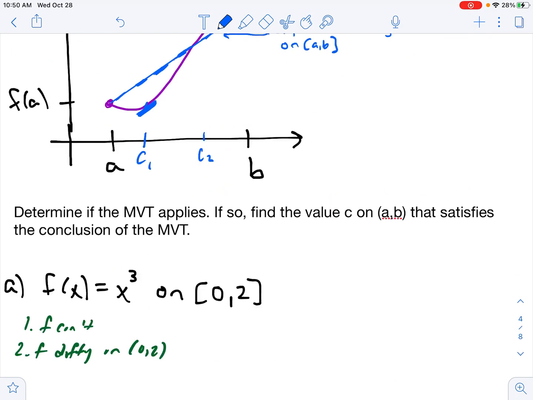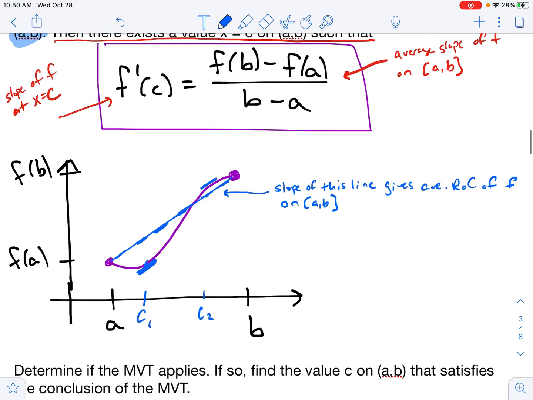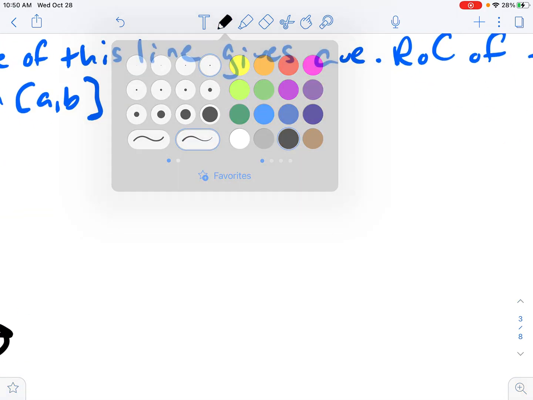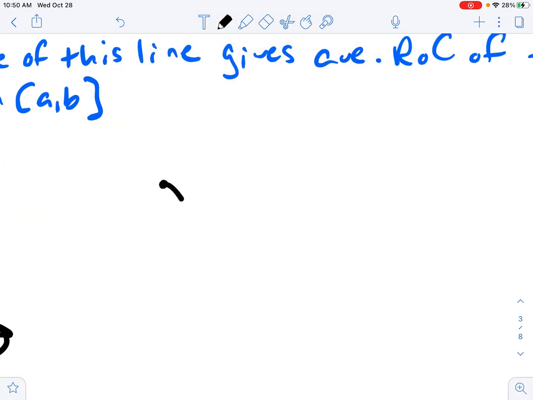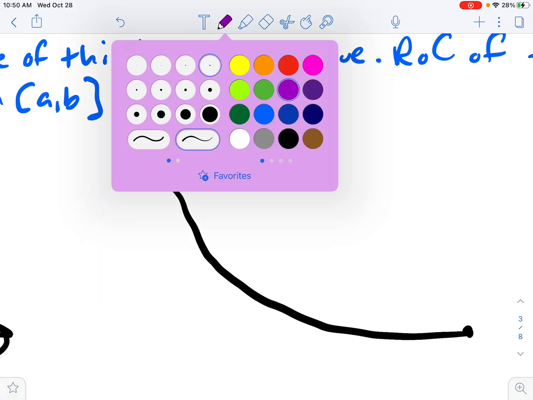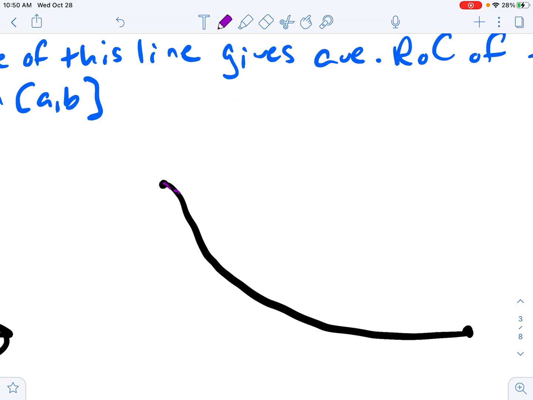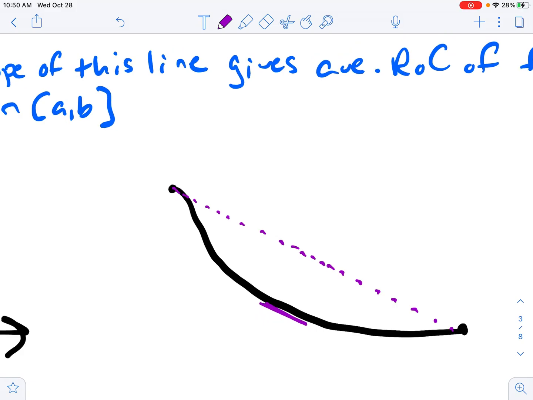But the gist is this. If you have any function that's continuous on an interval and differentiable, again, no sharp corners, here's the average rate of change going down to the right. There's always a place, at least one if not many, where the slope of the actual function is equal to the average slope of the function over the interval.